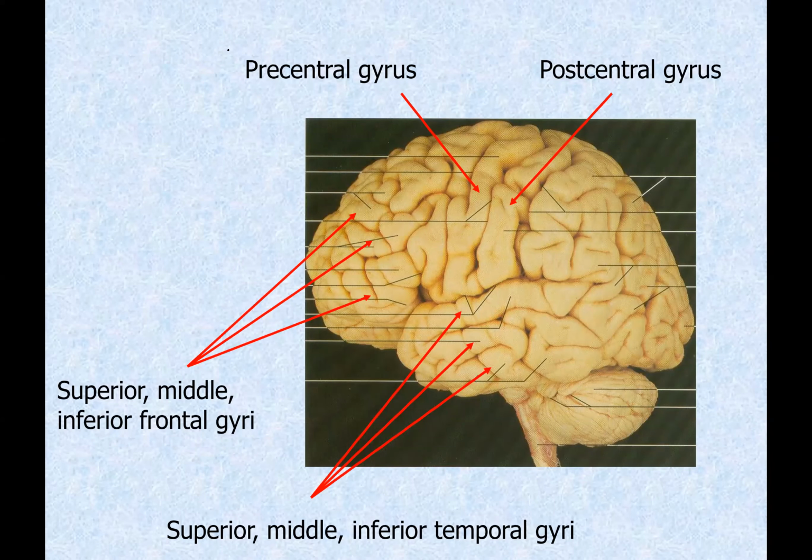You get the precentral gyrus and post-central gyrus on either side of the central sulcus here. Then you get superior, middle, and inferior frontal gyri here, and superior, middle, and inferior temporal gyri.